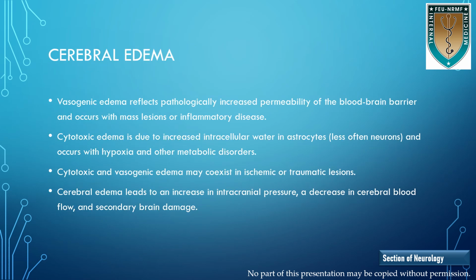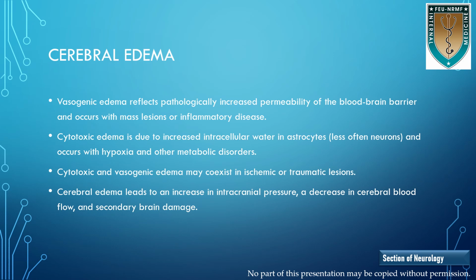There are two basic types of cerebral edema. The first one is vasogenic edema, which reflects pathologically increased permeability of the blood-brain barrier and occurs with mass lesions or inflammatory diseases.